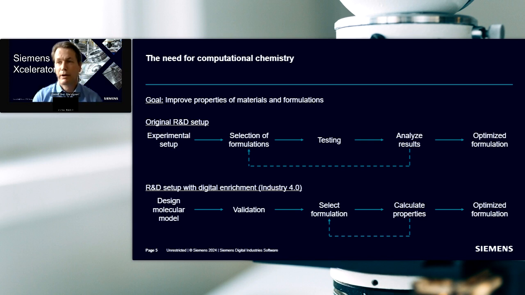You do some validation study using computational chemistry, and then you select your formulation and calculate certain properties, and thereby come up with an optimized formulation. Important, of course, is that during that, let's say, enriched digital experience, validation is very important. I will definitely address that as well. And validation typically means either some additional simulations that you need to do or experimental data that you have available.